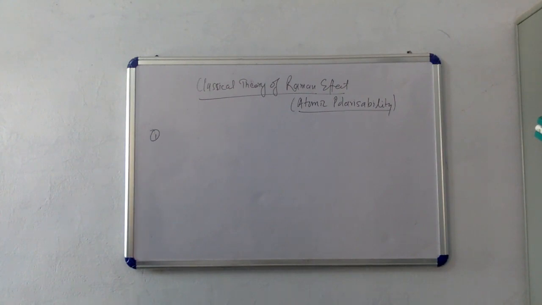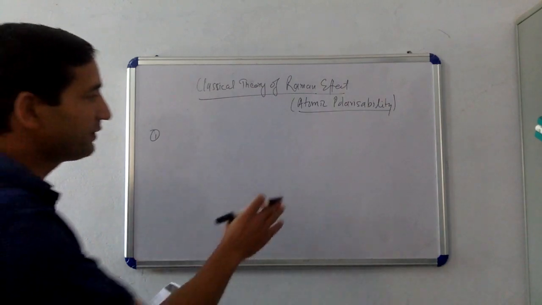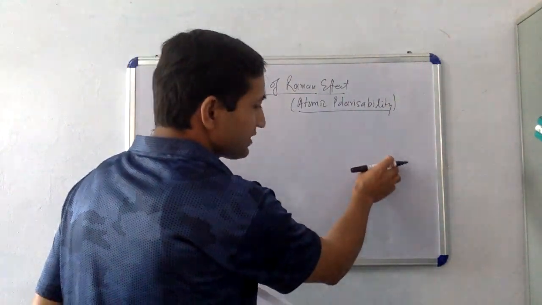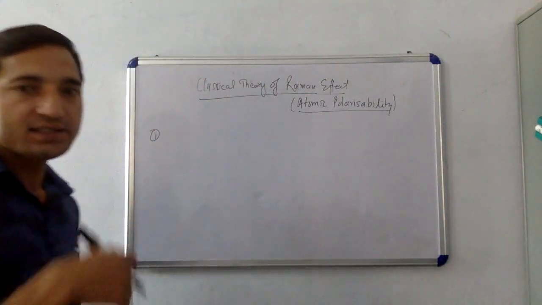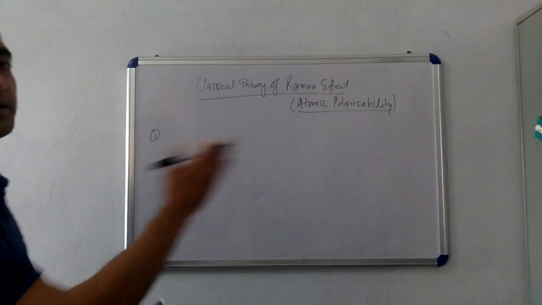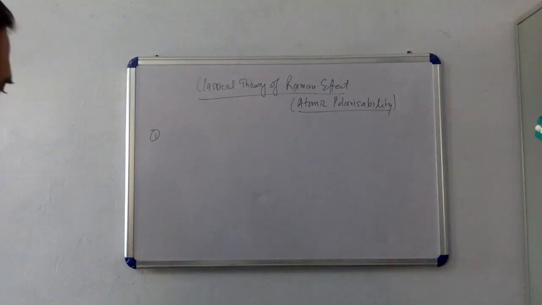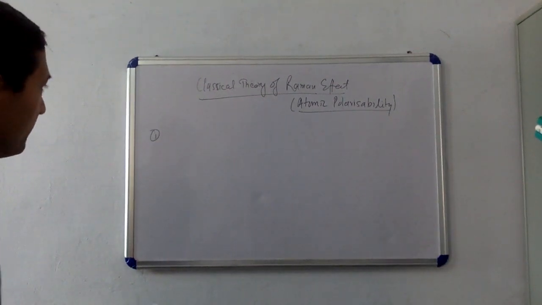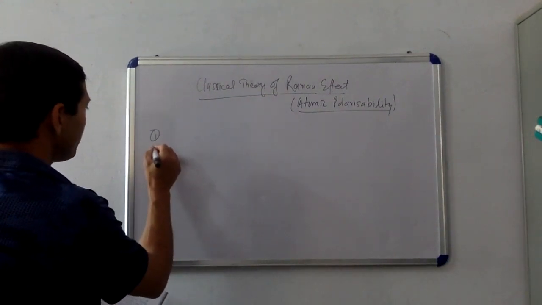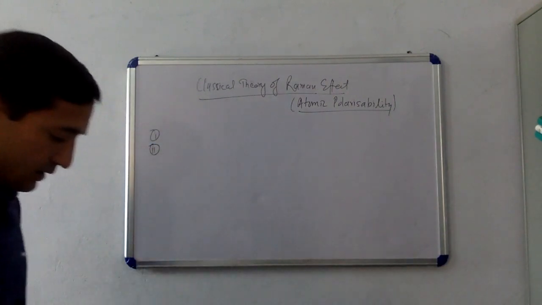Actually, the Raman lines on the high frequency side, the anti-Stokes lines, are too weak to be observed. If you remember, the anti-Stokes lines are weaker. Classically they must have the same intensity, but in the observation it was not so.